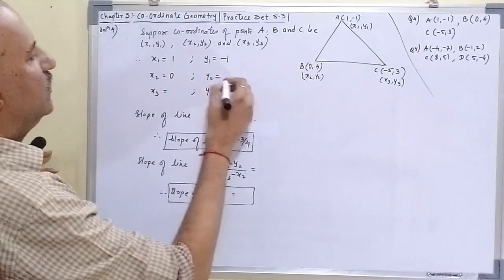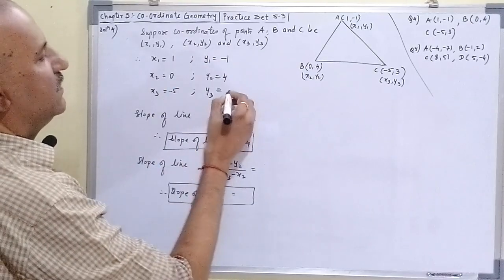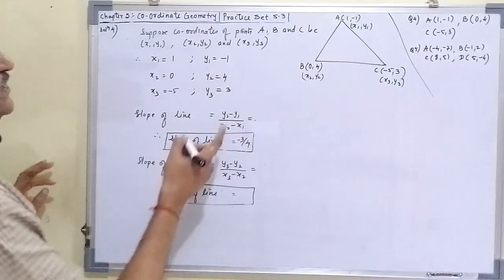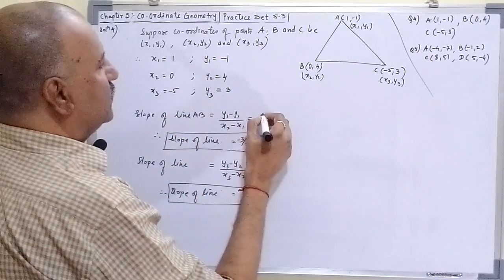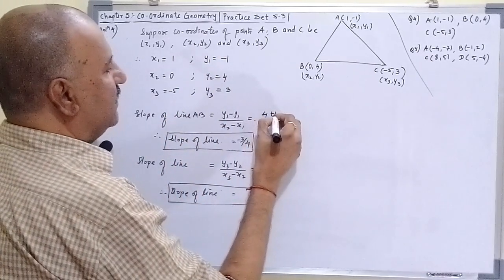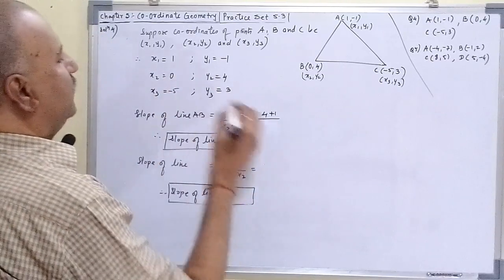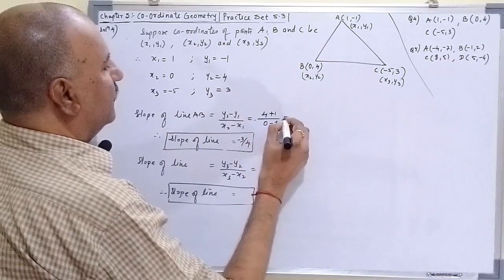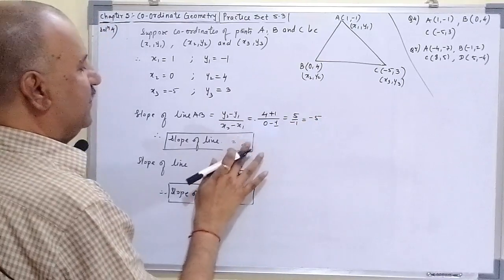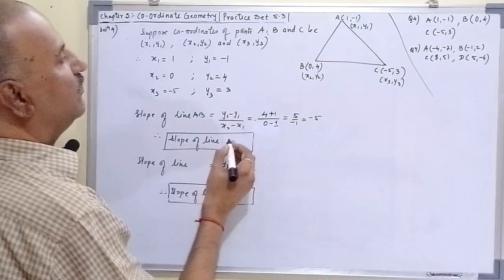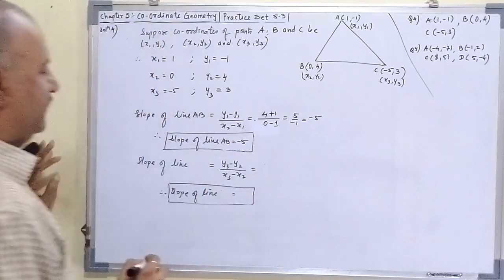B, x2 is 0, y2 is 4. And C is minus 5 and 3. So find the slope of line AB first. It will be y2 minus y1, so 4 minus minus is plus 1, and this is 0 minus 1. So this is 5 upon minus 1, that is minus 5. So slope of line AB is minus 5.